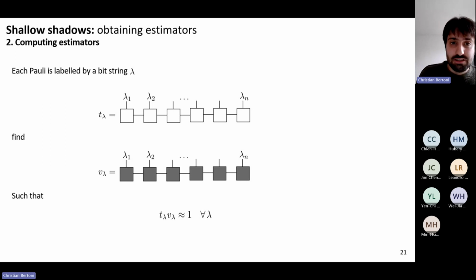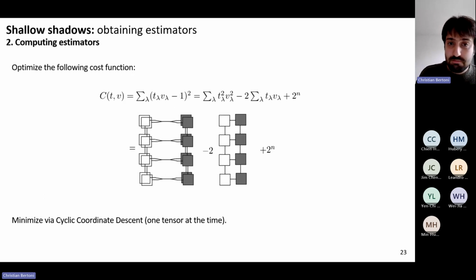And what we can do is to resort to a variational algorithm. We define some cost function, which essentially sums over all possible input bit strings the error of this approximate inverse.